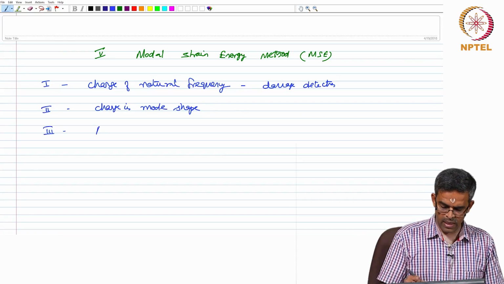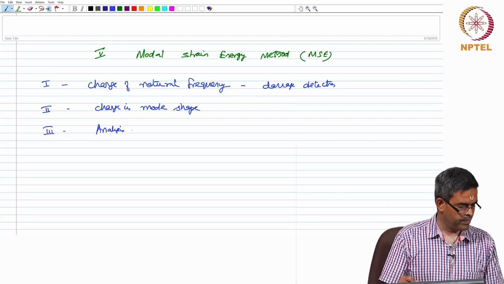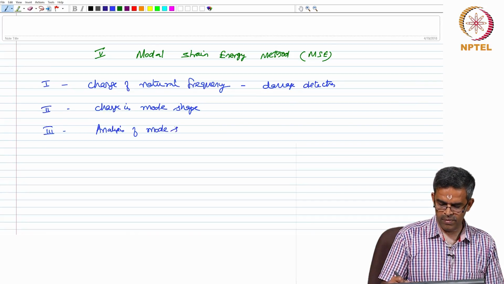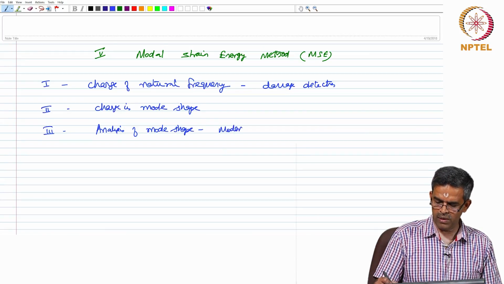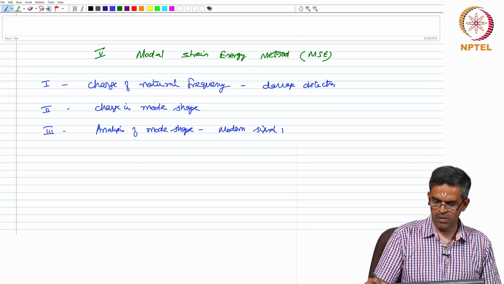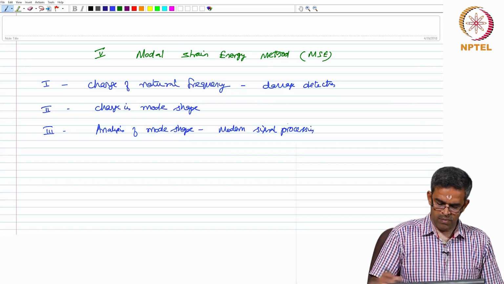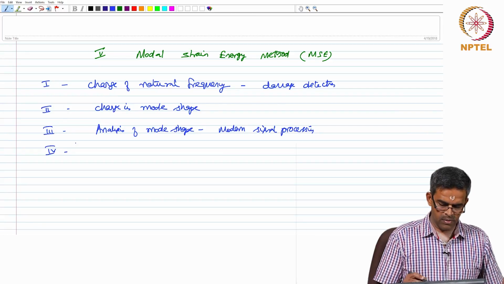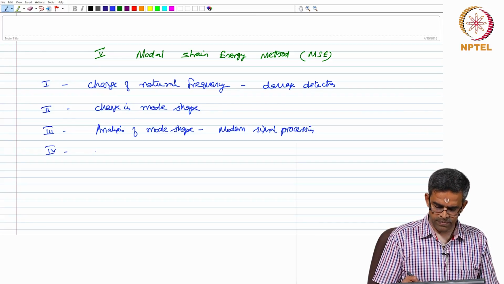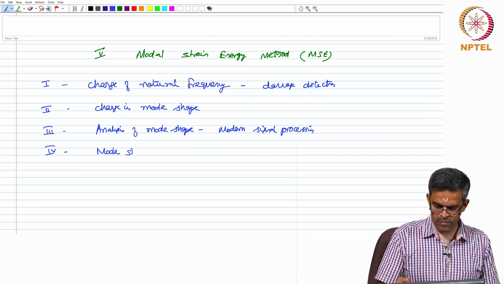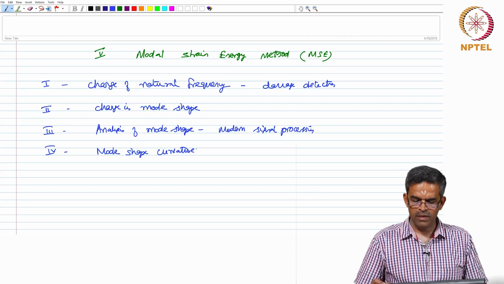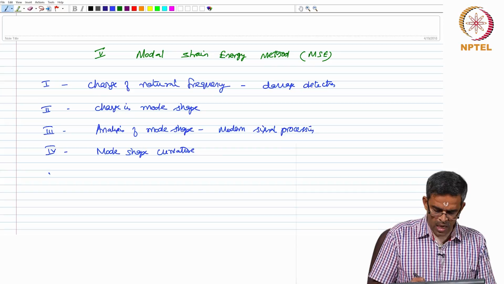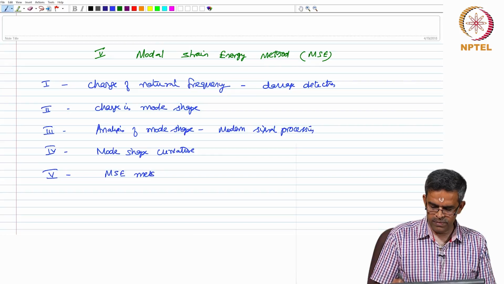The third, analysis of mode shape using modern signal processing. The fourth method is mode shape curvature, which are essentially derivatives of the mode shape, and the fifth method, what we are now seeing, is the modal strain energy method.